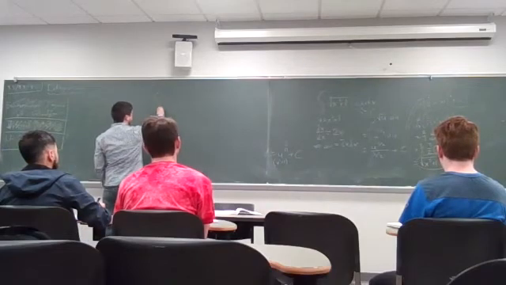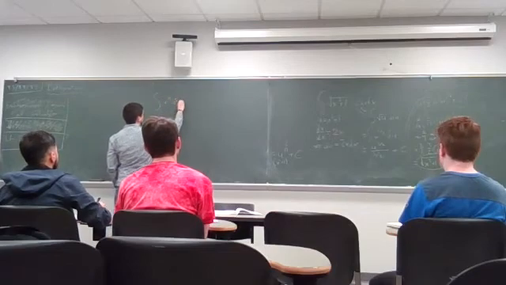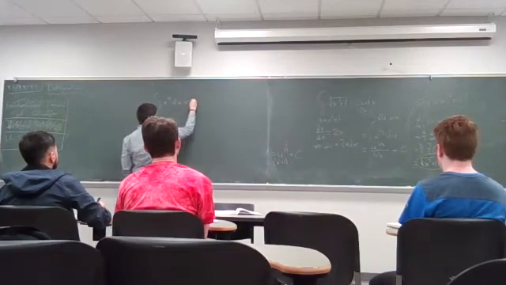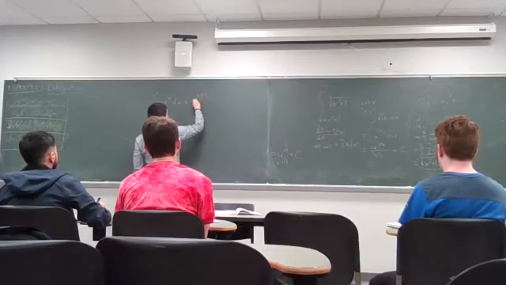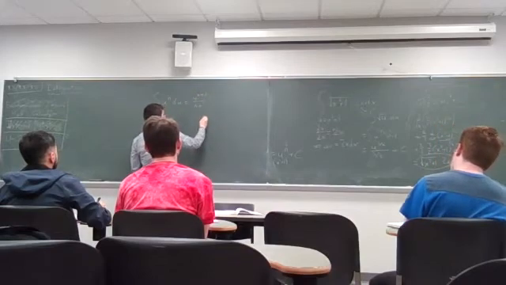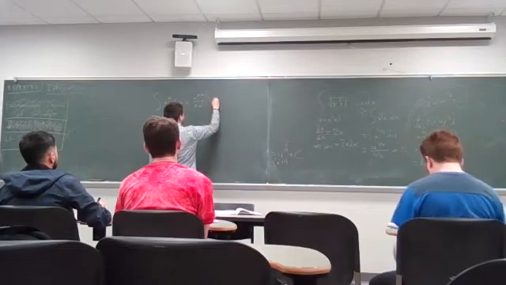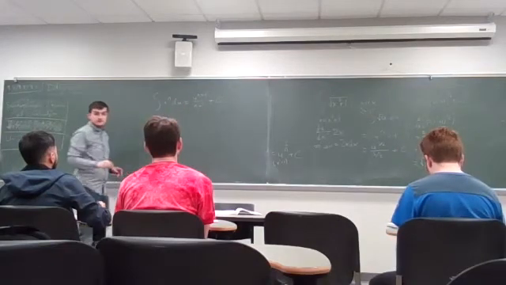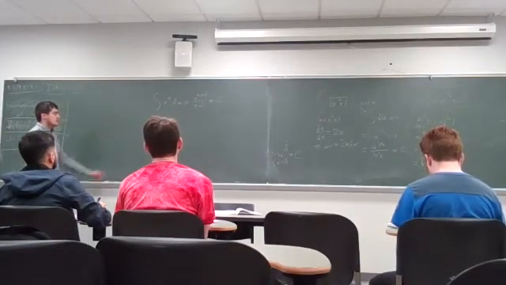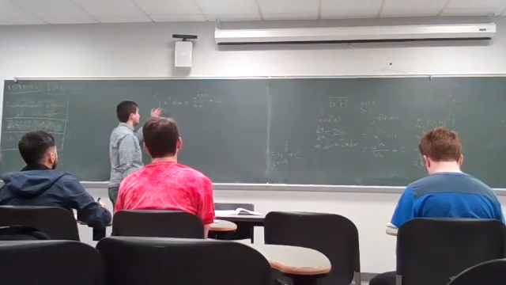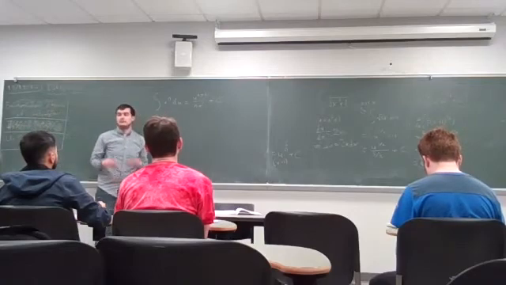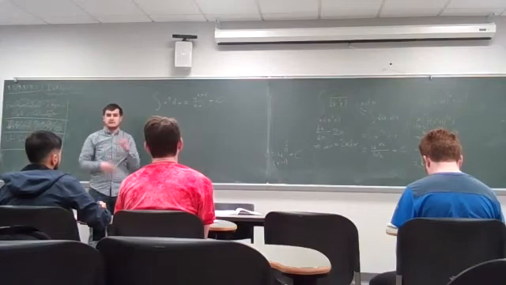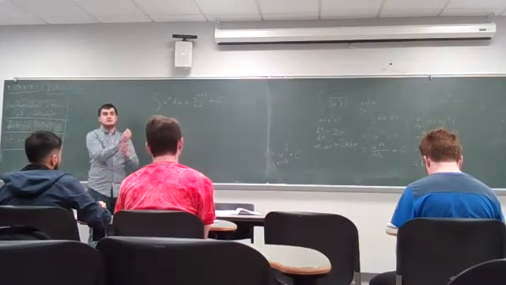I'll write the general formula for this again. If I have u to the n du, then this is going to be u to the n plus 1 over n plus 1, plus c, right? But this is a bit more of a process that doesn't just have a direct formula attached to it, right?